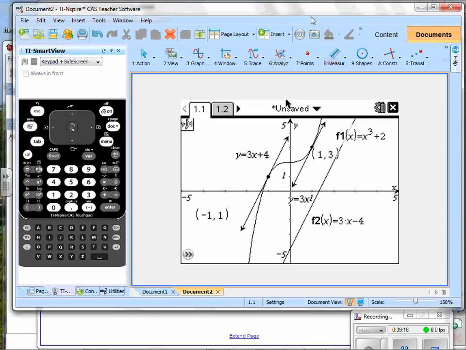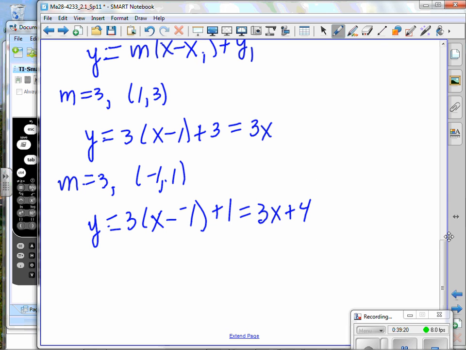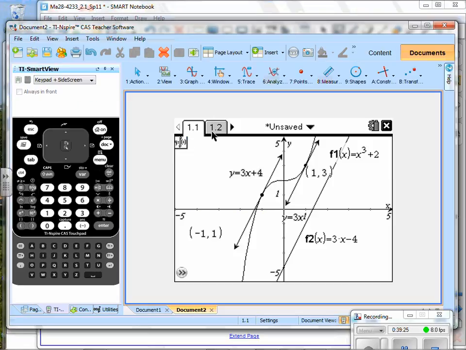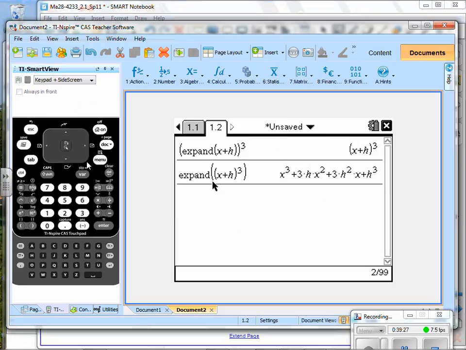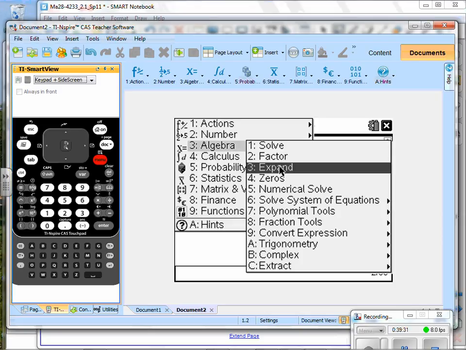Yeah, Joe. Can you show us how you expanded... Oh, how I expanded the... Sure. Let's go back to the Inspire. All I did was you go to menu, you go to algebra, and you go to expand. Okay, so be on the calculator page, menu, algebra, expand. Expanding the cubing of a binomial. Then again, remember, the parentheses comes with the command.